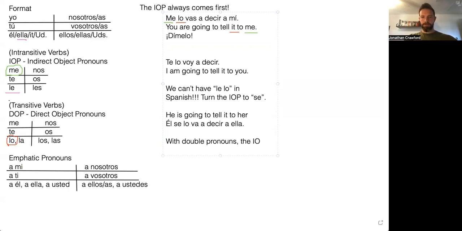the indirect object pronoun must turn into se in the third person if followed by a direct object pronoun in the third person.